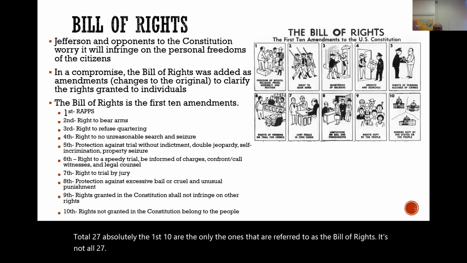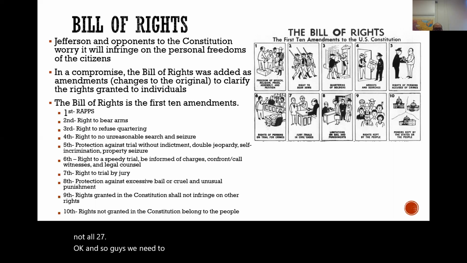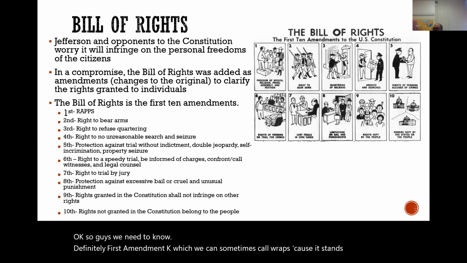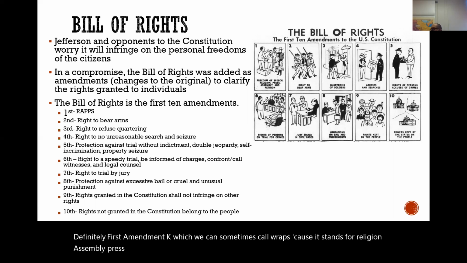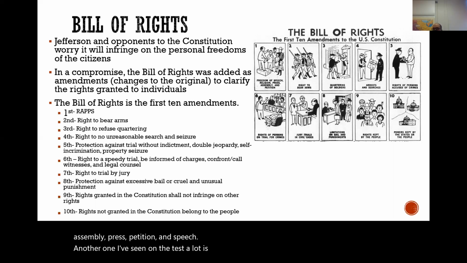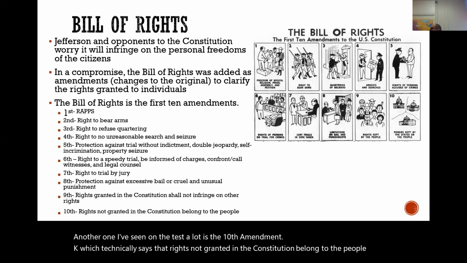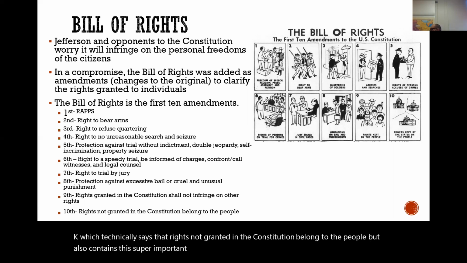Guys, we need to know definitely the First Amendment, which we can sometimes call RAPS, because it stands for religion, assembly, press, petition, and speech. Another one I've seen on the test a lot is the 10th Amendment, which technically says that rights not granted in the Constitution belong to the people, but it also contains the super important idea of eminent domain.